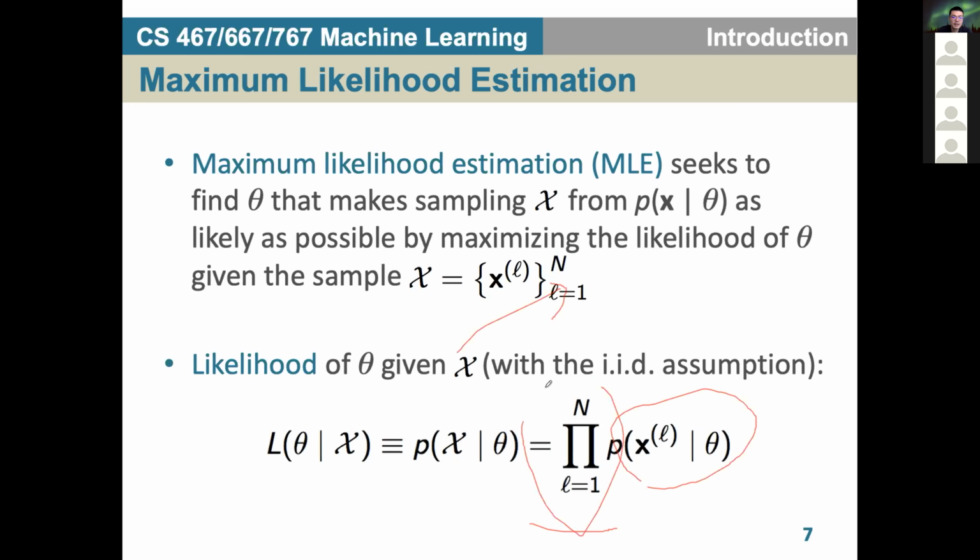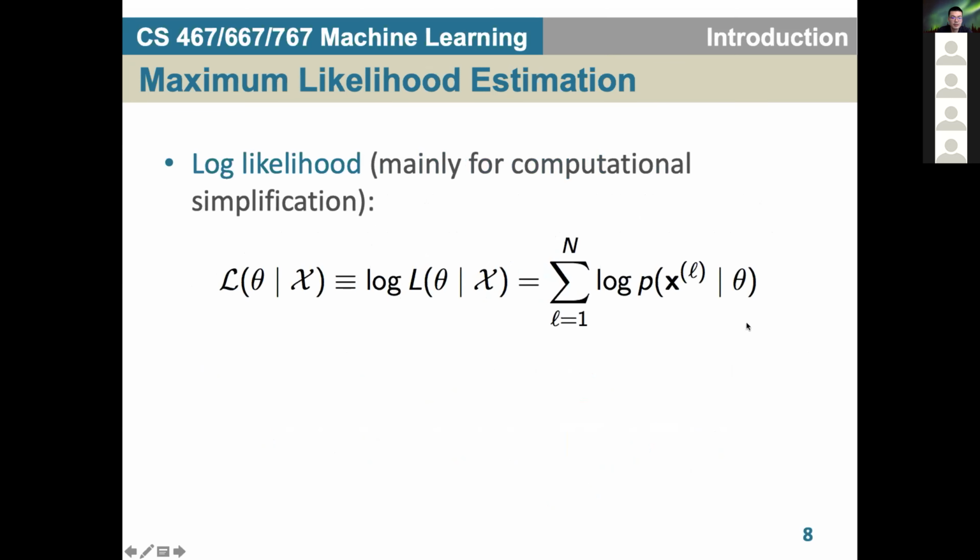Then we take a log, and this product becomes a summation with the log going inside. That gives our next page. From now on, we will not emphasize this again.